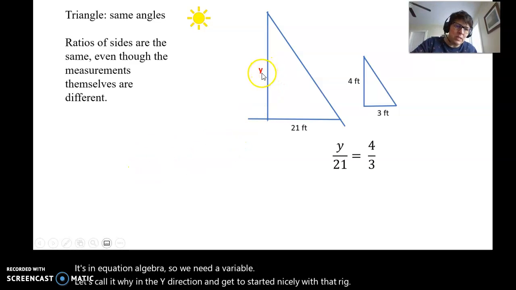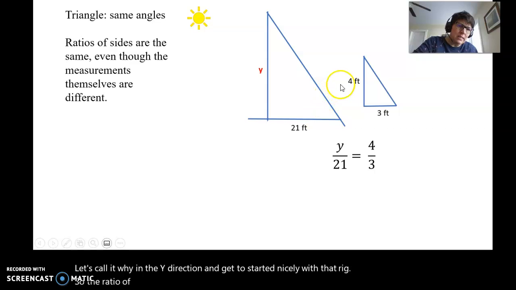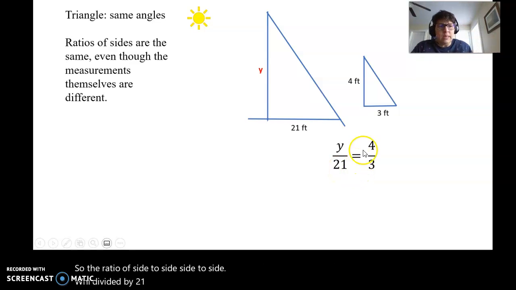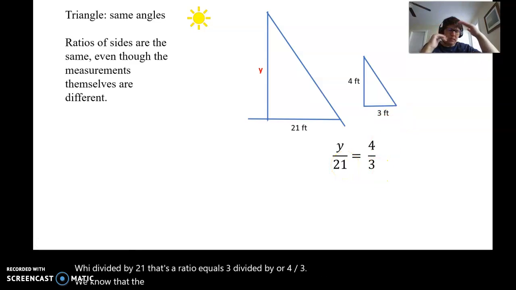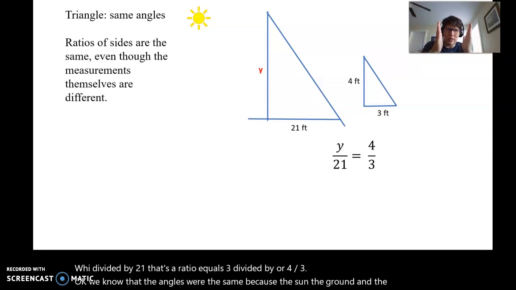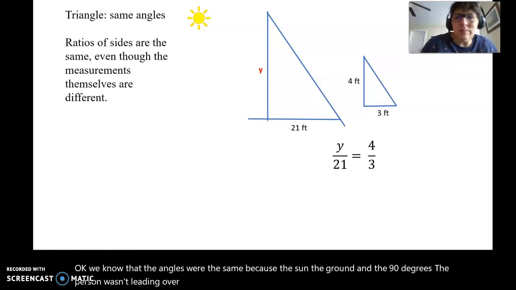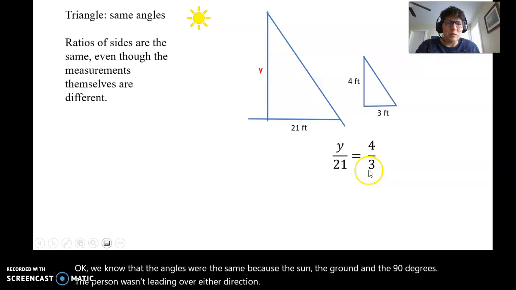So the ratio of side to side, y divided by 21, that's a ratio, equals 4 divided by 3. We know that the angles were the same because of the sun, the ground, and the 90 degrees, and the person wasn't leaning over either direction when we measured the shadow.